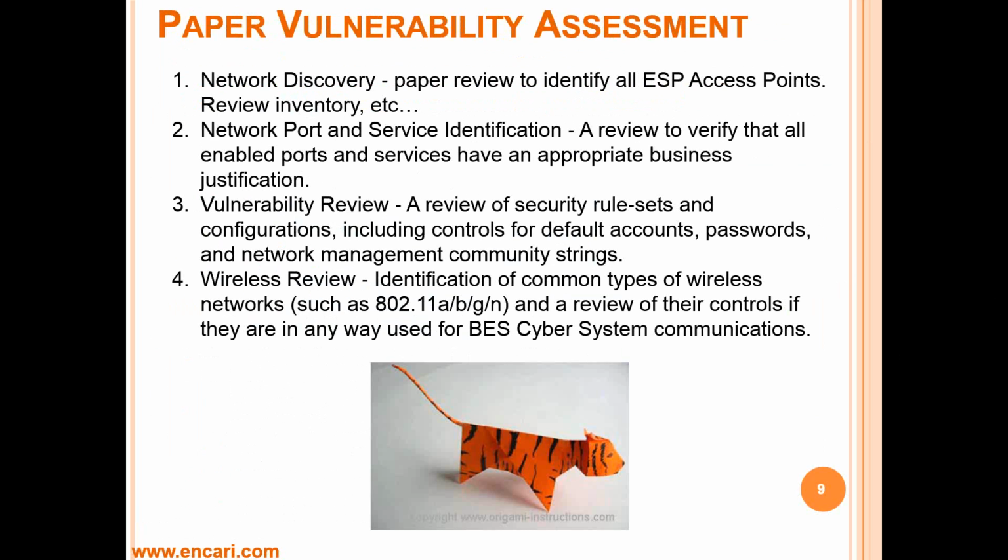So, yeah, when they talk about vulnerability review here under the paper vulnerability assessment, saying security rule sets and configurations. So I guess that would be like our minimum password length and all of that would fall under there.